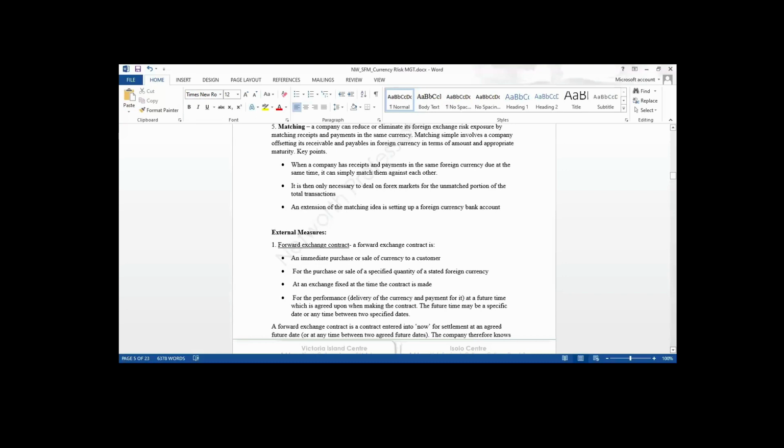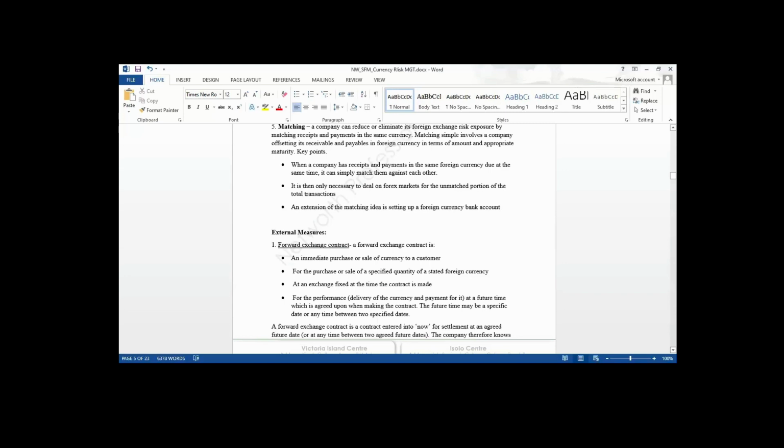That exchange rate obtained now for future payment is the forward rate, and that rate is binding between the customer and the bank.